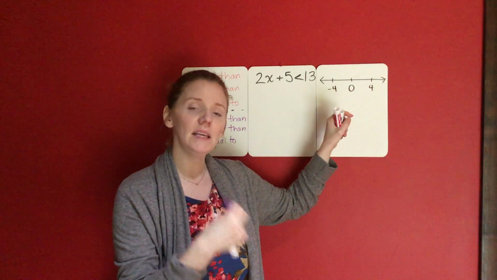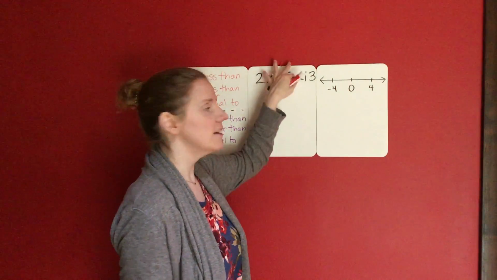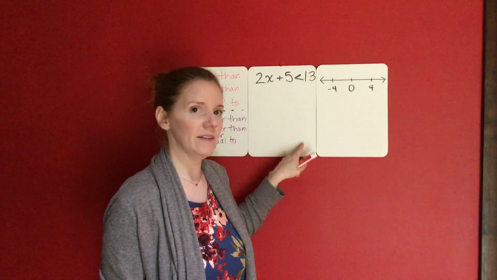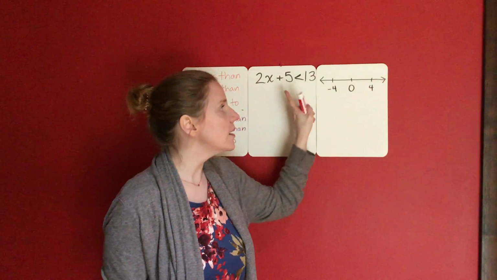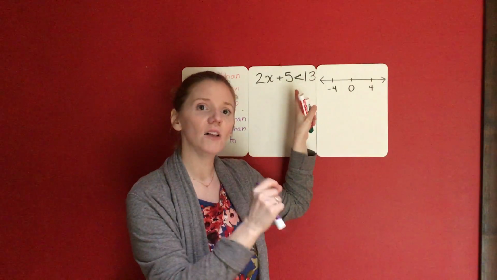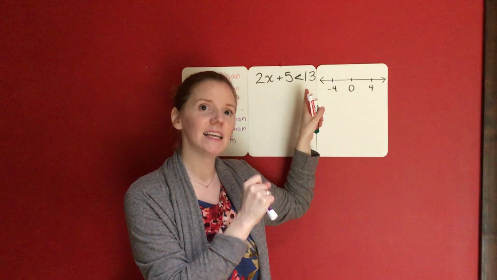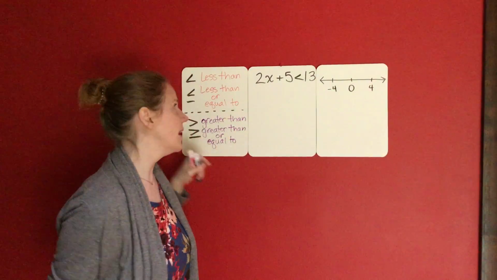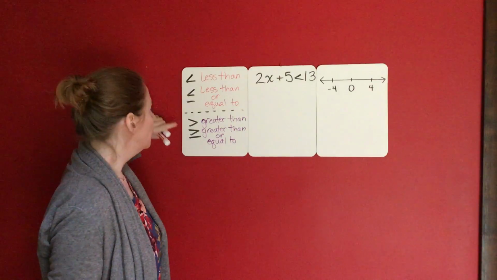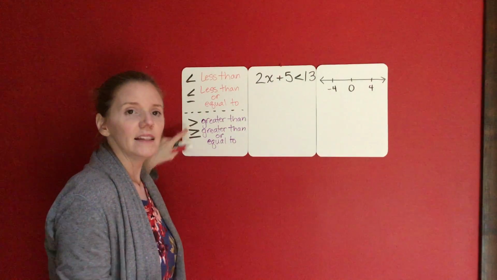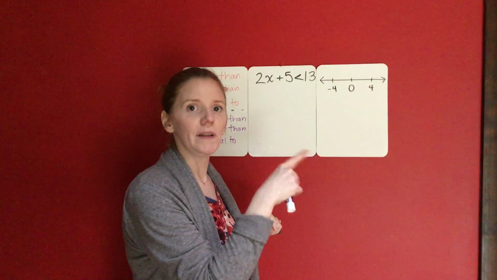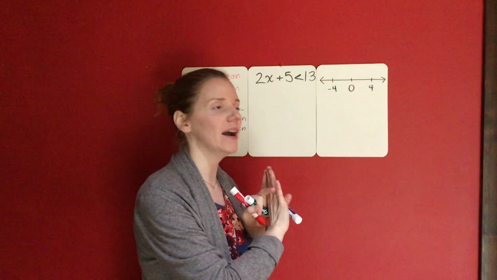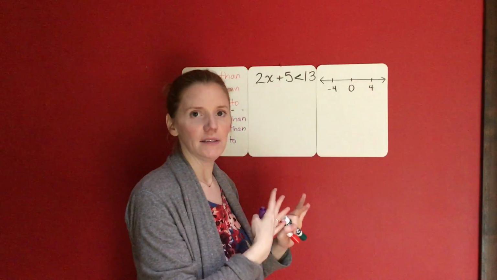If it can be equal to that number, meaning if I solve this and find out it could be equal to whatever single number I get, when I graph it on my number line, I color in the dot because that indicates that number is a solution. If it cannot be equal to that, if it must be less than or must be greater than, I leave that circle open to indicate it can't be this number. It can only be every number either in front of it or behind it.